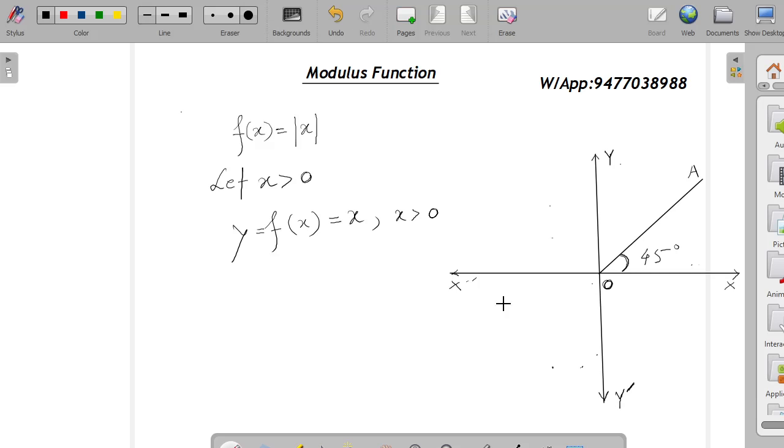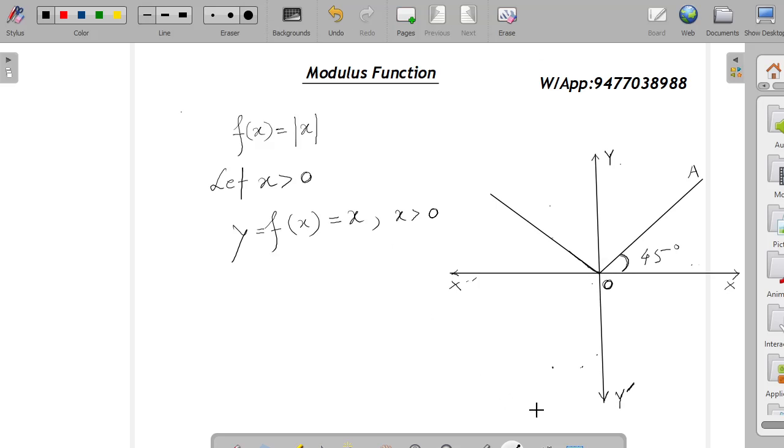Therefore it would look like this. It would be like this.